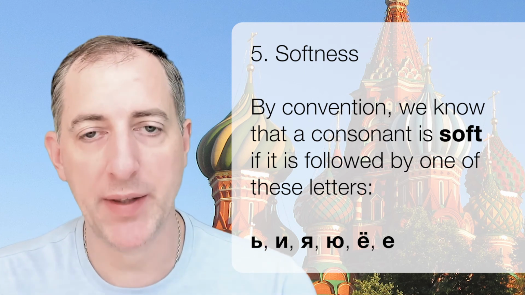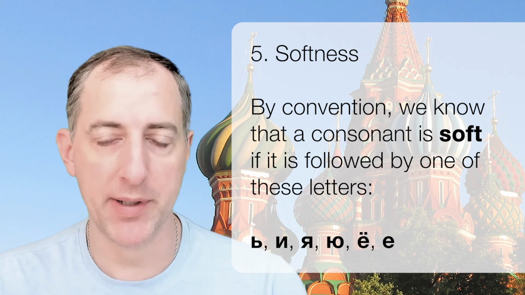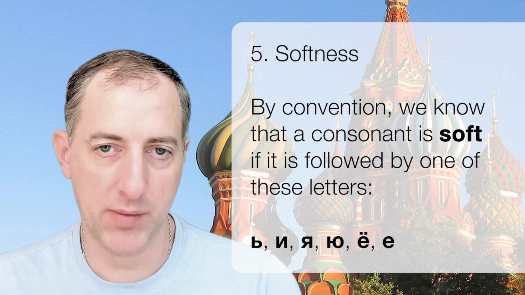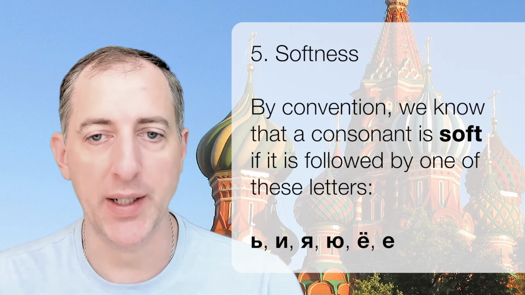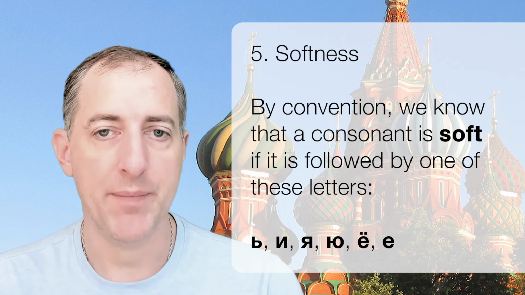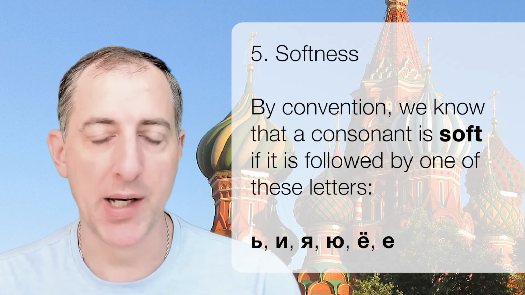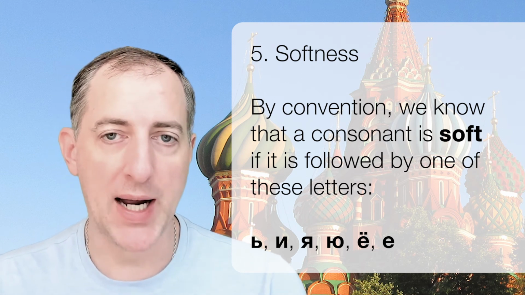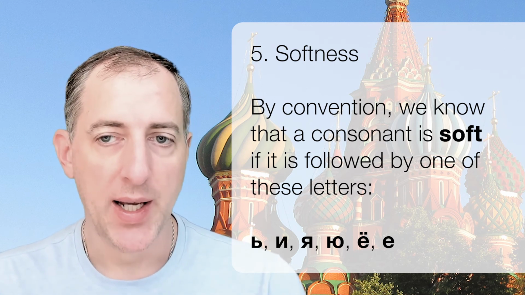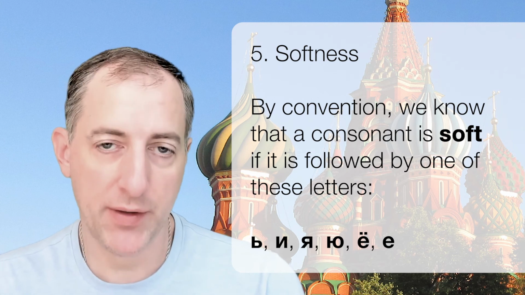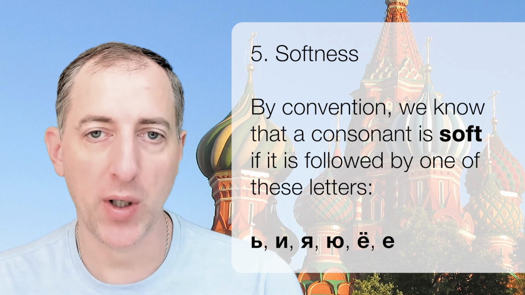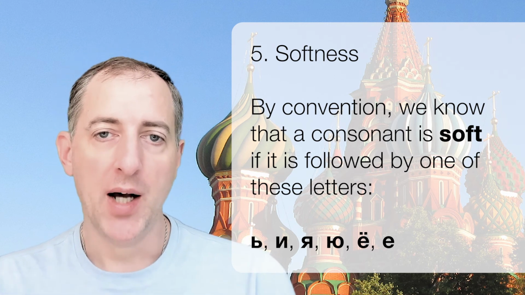Well, we can think of the hard T as our default, because after the Bolshevik reform of the orthography, if we see a T on the page, we basically assume that it's hard, unless it's followed by a soft sign or one of the 5 soft vowels. Those are E, and also then the 4 soft vowels we learned on day 1. Ya, you, your, yeah.